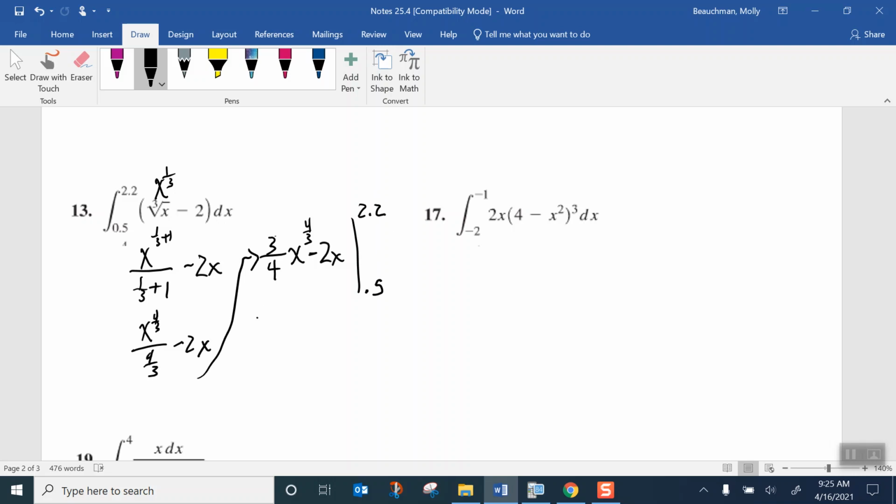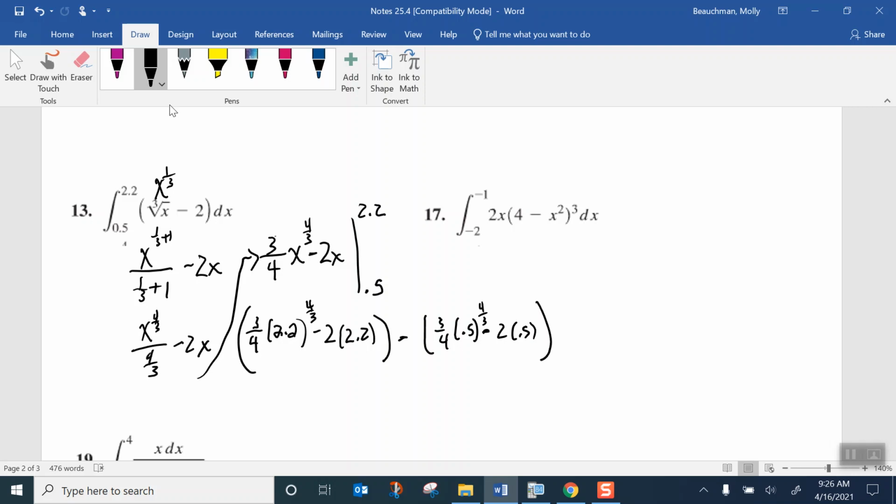So let's substitute our first. We have 3/4 times 2.2, make sure I've got my decimal in the right place there, to the power of 4/3 minus 2 times 2.2, and we're going to subtract 3/4 times 0.5 to the power of 4/3 minus 2 times 0.5.